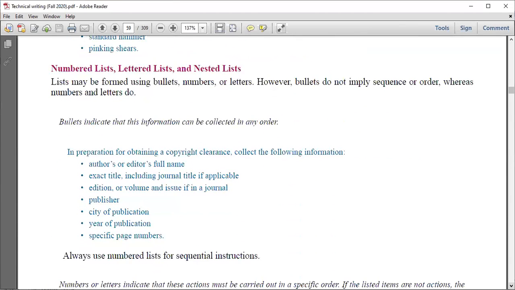Numbered list, lettered list, nested list. Now, this is also a very important thing which you need to understand. Let me use the annotation here. Lists may be formed using bullets, numbers, or letters. However, bullets do not simply sequence or order, whereas numbers and letters do.